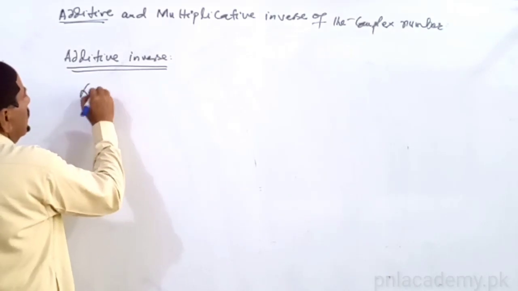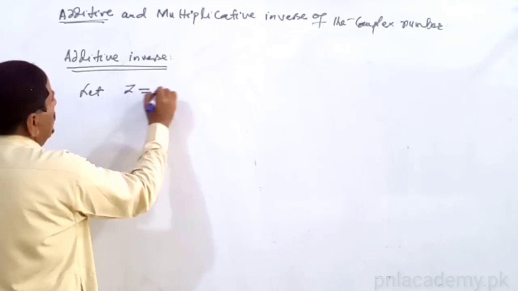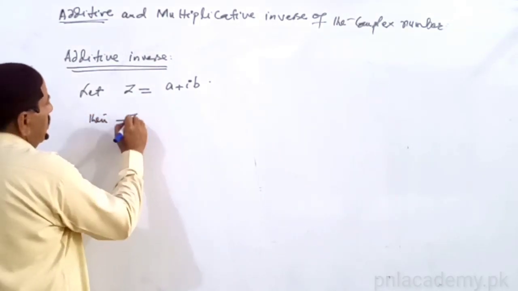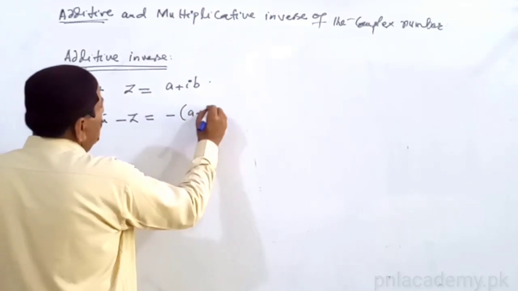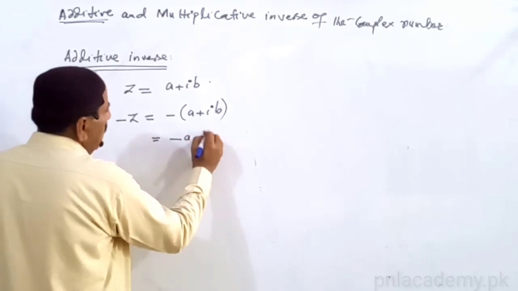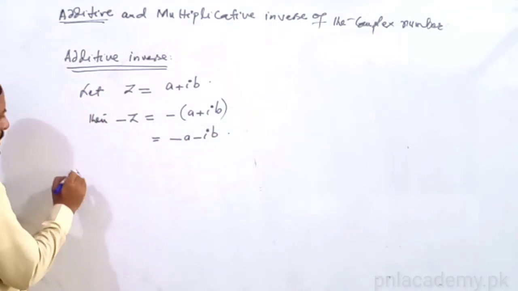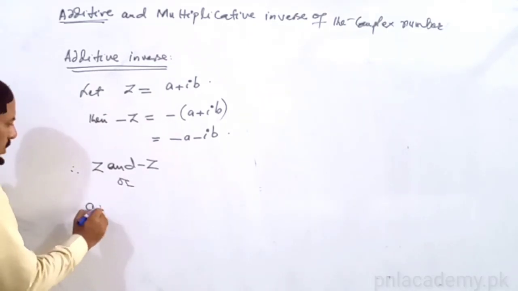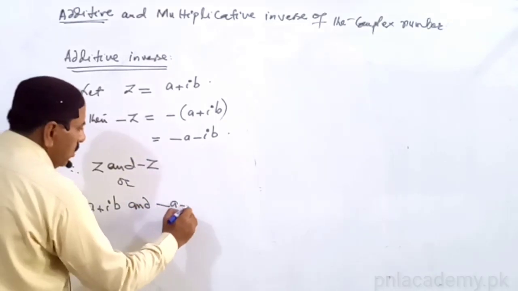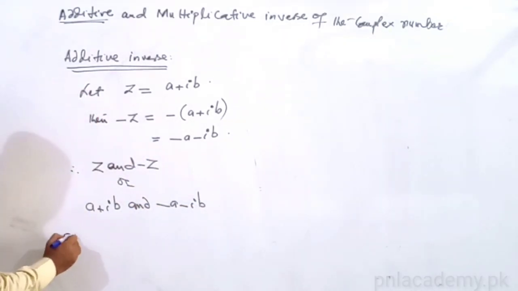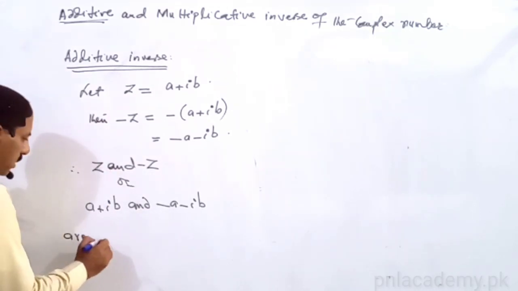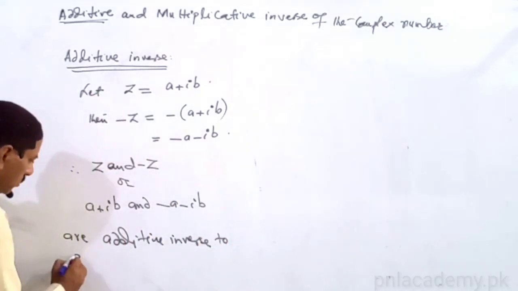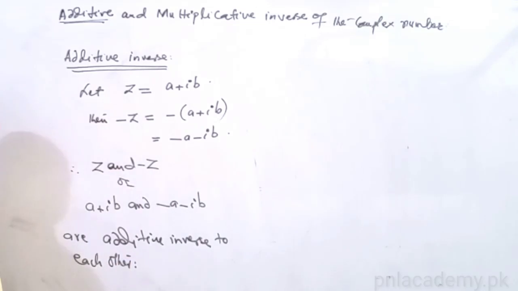Let Z be equal to A plus B iota, then minus Z is equal to minus A minus iota B. Therefore Z and minus Z, or A plus iota B and minus A minus iota B, are additive inverses of each other.